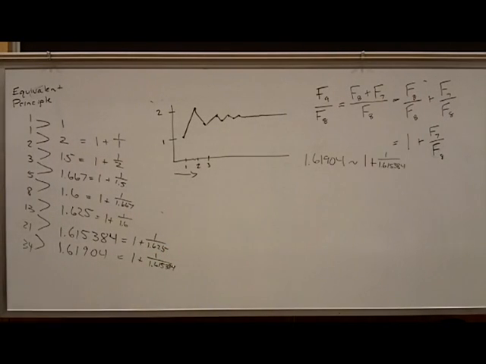Let's discuss fractions real quickly. For anybody who didn't hear or wasn't quite sure what was said or what it means over here, when we have fractions, if we increase the denominator of a positive fraction, we make it smaller, so long as we hold the numerator the same. 1 over 2 is greater than 1 over 3, which is greater than 1 over 4, and so on. And we look right here, and each and every one of these terms after the first one can be expressed as 1 plus 1 over something.